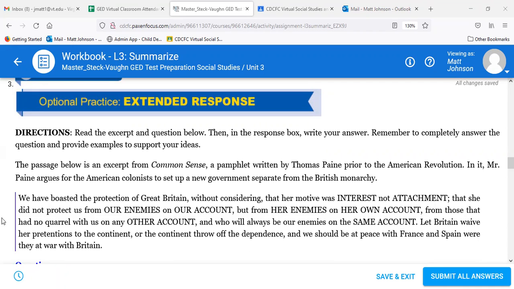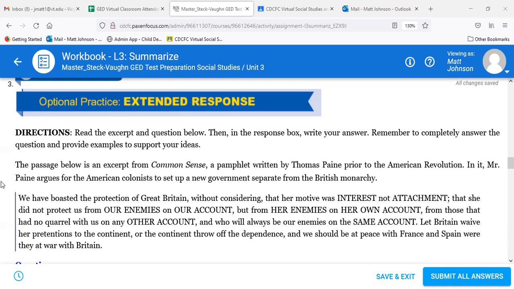So, what he has to say here: we have boasted the protection of Great Britain without considering that her motive was interest, not attachment, that she did not protect us from our enemies on our account, but from her enemies on her account, from those that had no quarrel with us on any other account, and who will always be our enemies on the same account.